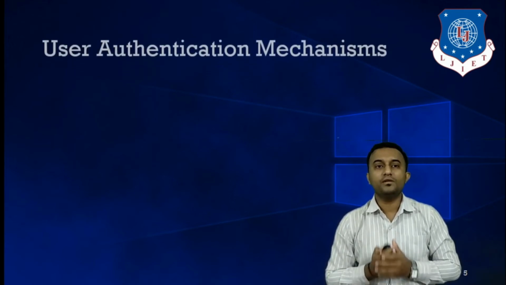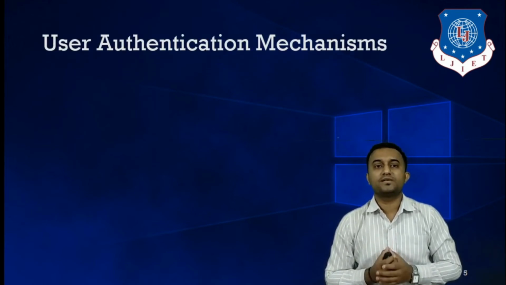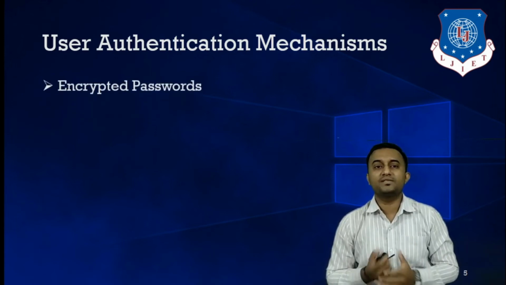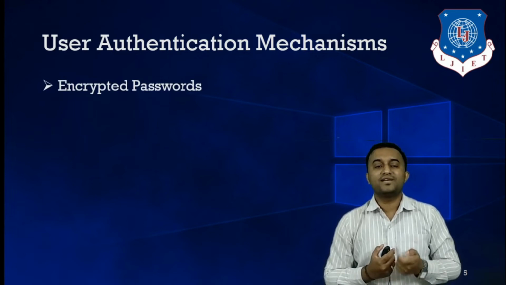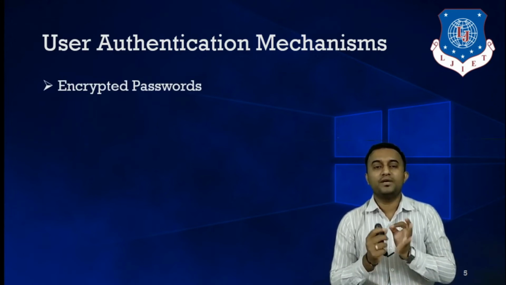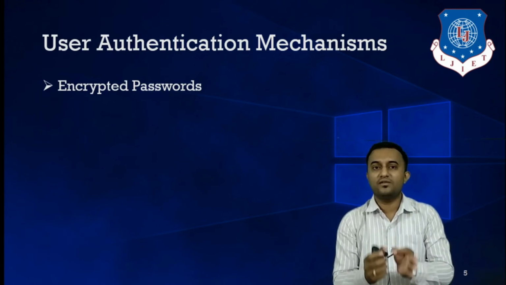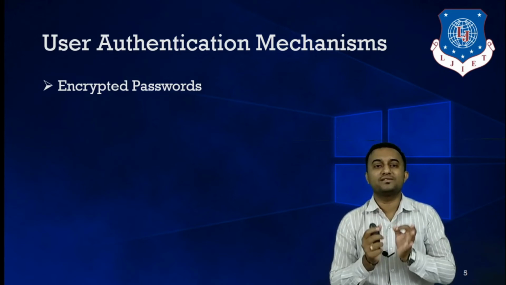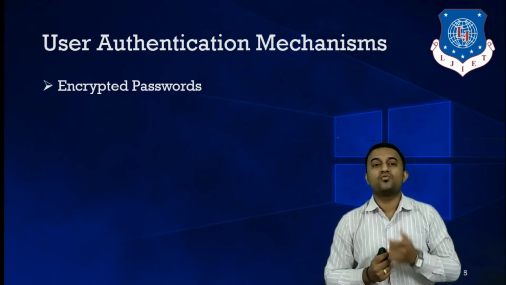Now in the next section we have user authentication mechanisms. As I told you, what is authentication? It is nothing but proof of origin. So what are the different mechanisms through which we can achieve this? As I told you, when you submit a username, it is nothing but your identity. It is nothing but identification. When you submit a password, that is authentication.